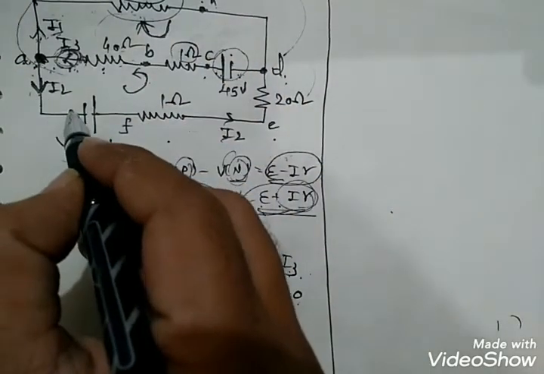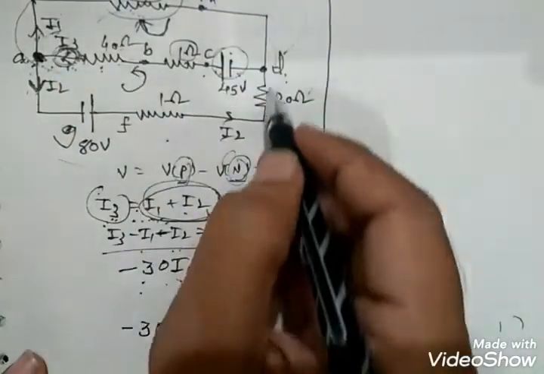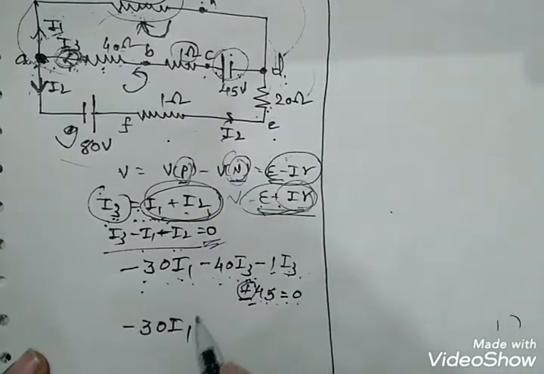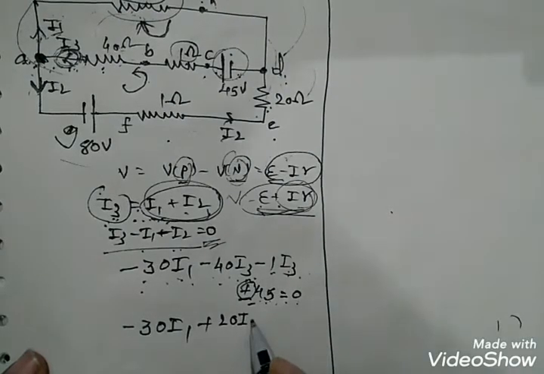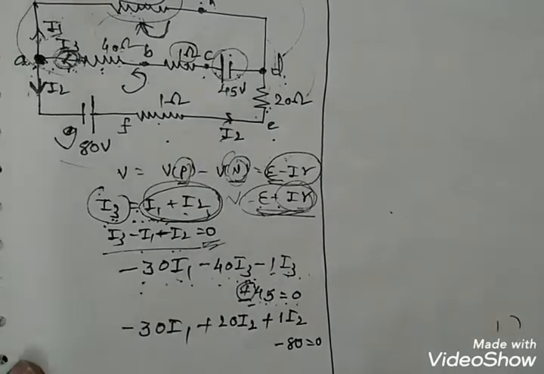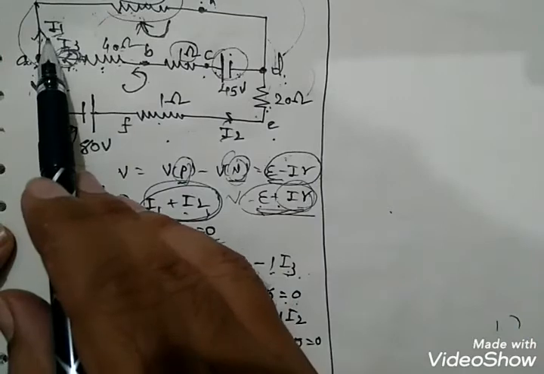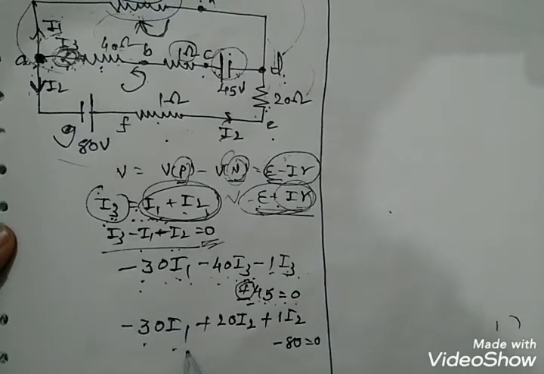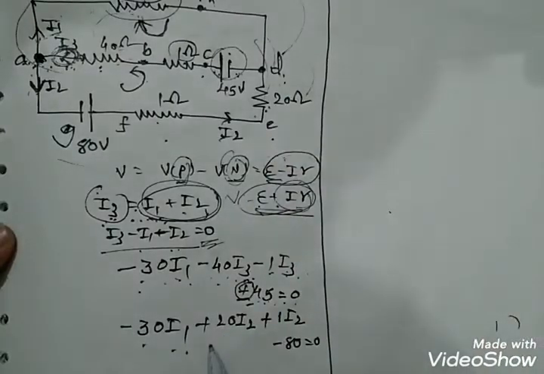Now for the current I2, we move opposite to the direction, so plus 20 I2, plus 1 I2, which means 21 I2.